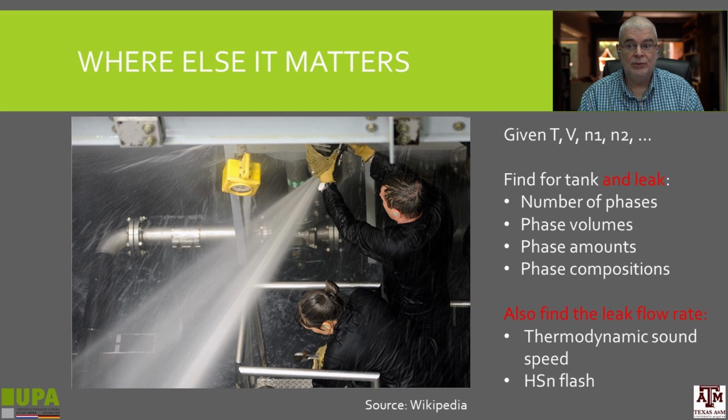So if I want to forecast what might happen during an industrial accident, this information is very important. I want to know the flow rate and the composition of what's leaking. To do that, in addition to solving a TVN flash, I also need other properties such as the thermodynamic sound speed, and I need a flash with specifications of entropy, amounts, and stagnation enthalpy, and I'll come to that later on.